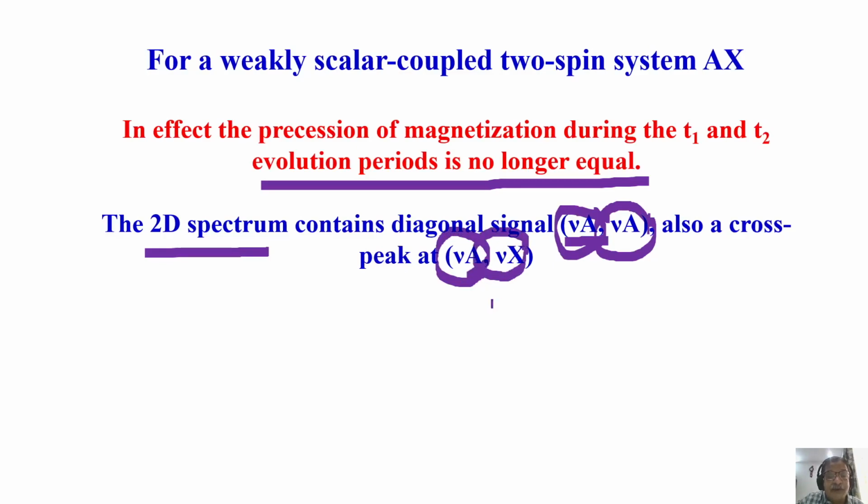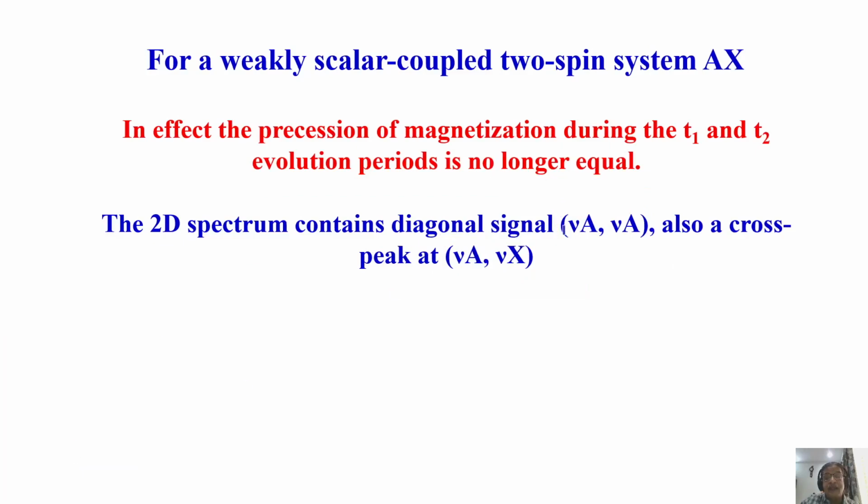So in the T2 period, we have peaks where the precession frequencies in the evolution and detection periods are different. We get frequencies depending upon whether they have the same frequency or have given magnetization to a coupled spin. Now, what do we mean by the frequency remaining the same?